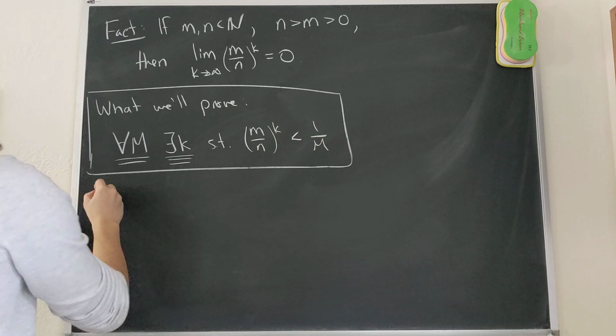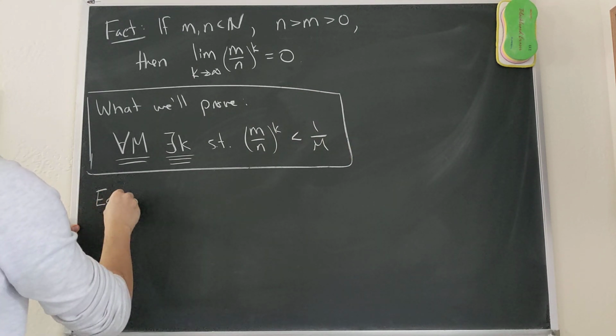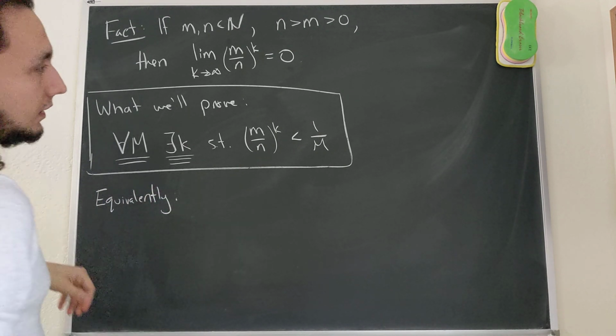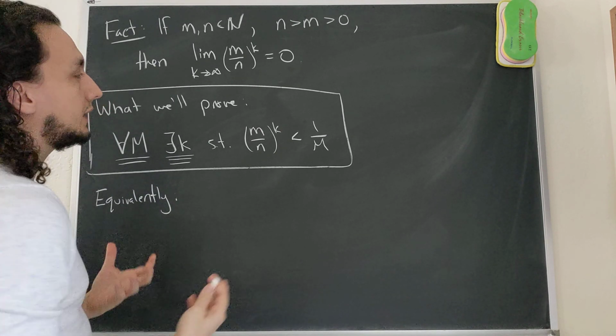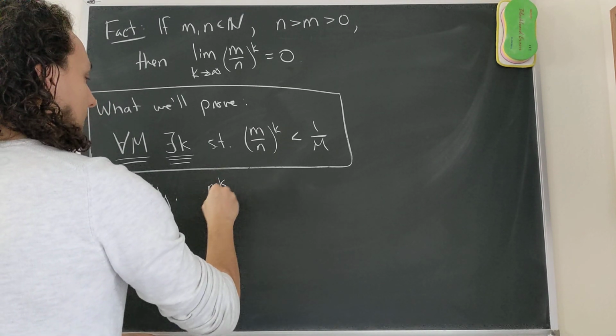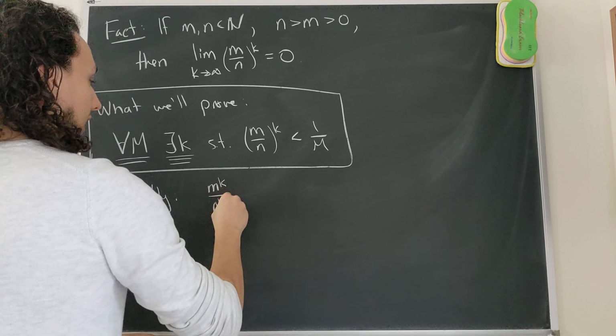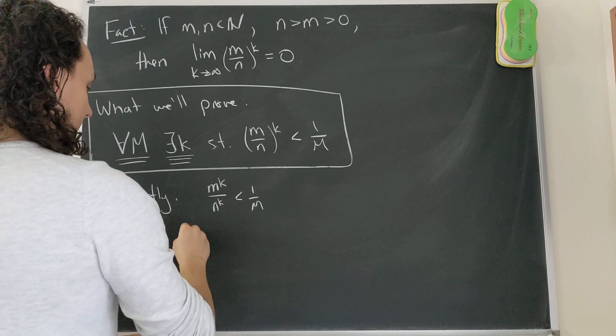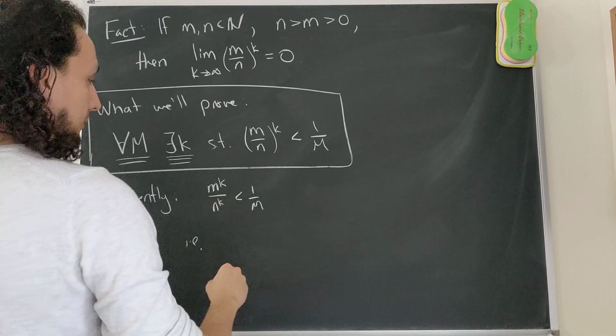And in fact, equivalently, this is just a small algebraic manipulation, but maybe it's worth pointing out. This is the same as, of course, m to the k over n to the k is less than 1 over M, which is the same as doing some multiplication.